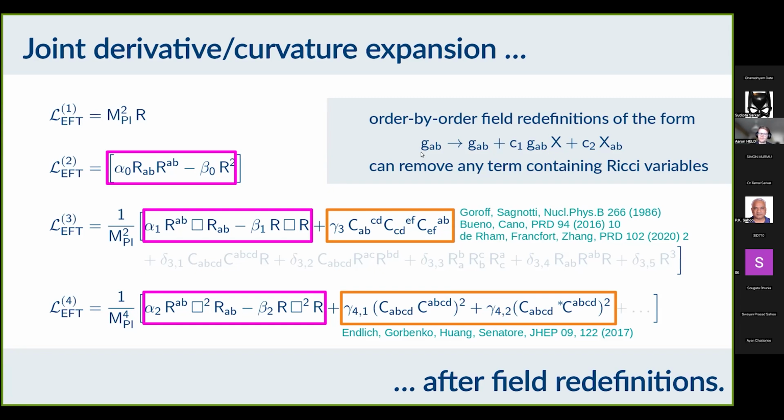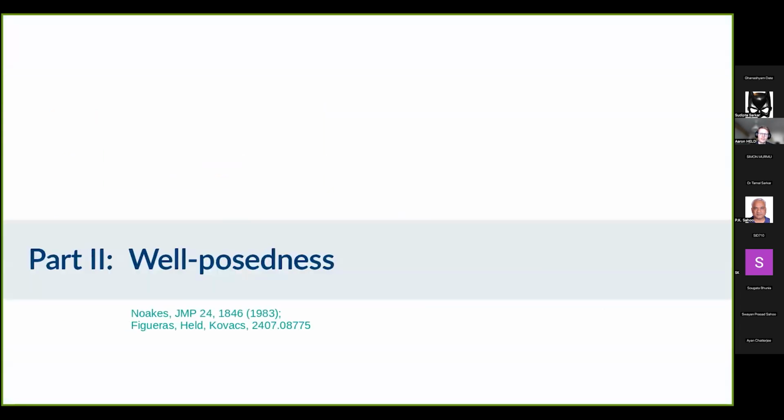All right, good. So let's proceed with a little bit of a mathematical part, but please bear with me. This is based on a kind of old paper, and I really encourage you to read it, because it's super nice, by David Noakes from 1983.